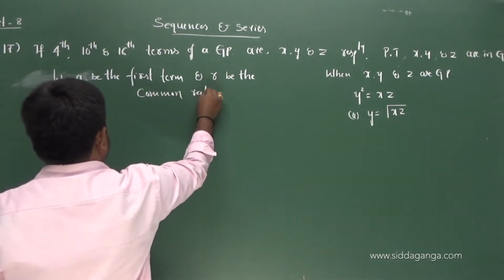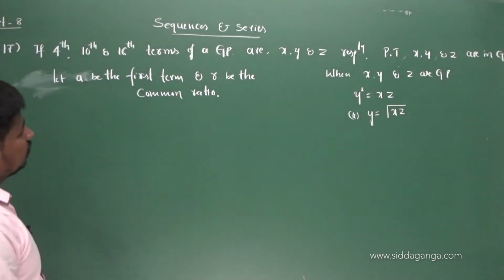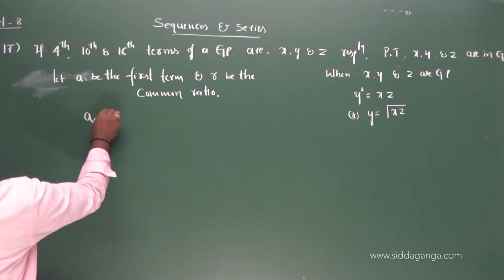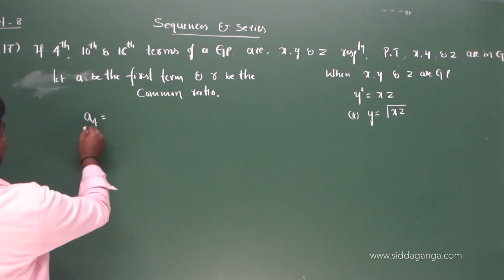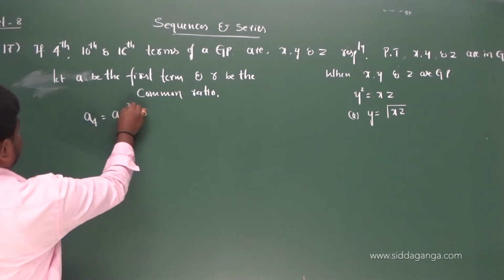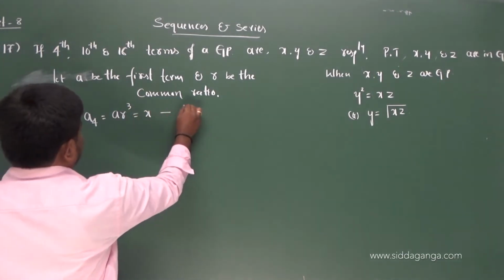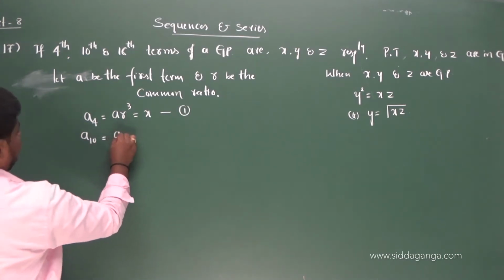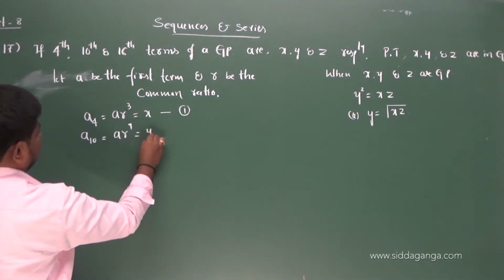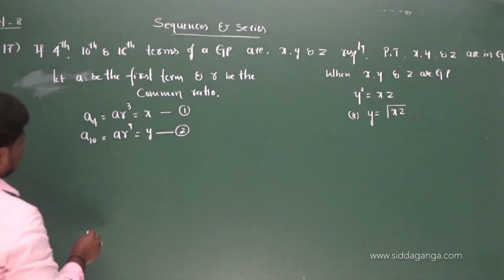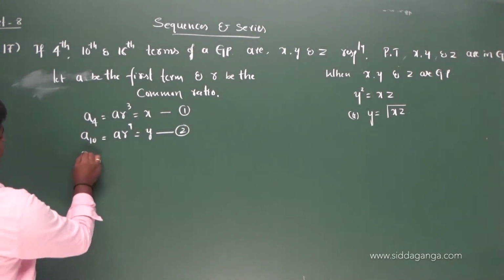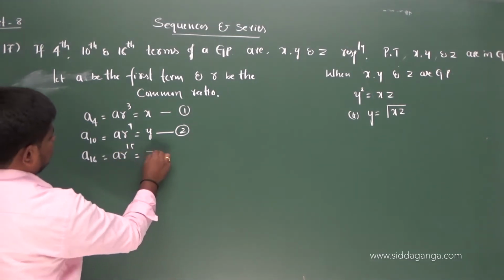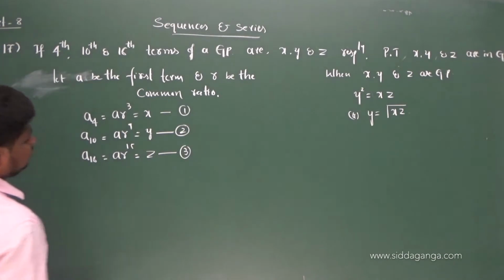The fourth term is given, that is x. The fourth term I can write as AR cube, that is x. Take it as equation 1. The 10th term, A10 is equal to AR power of 9, that is equal to y. Take it as equation 2. And the 16th term, A16 is equal to AR power of 15 is equal to z. This is the given data.